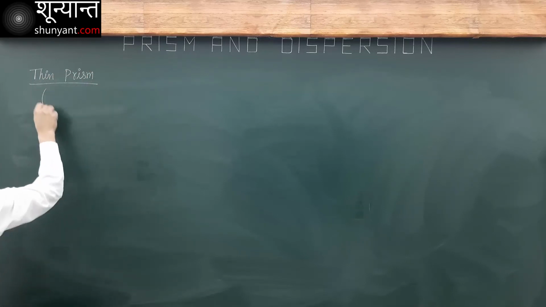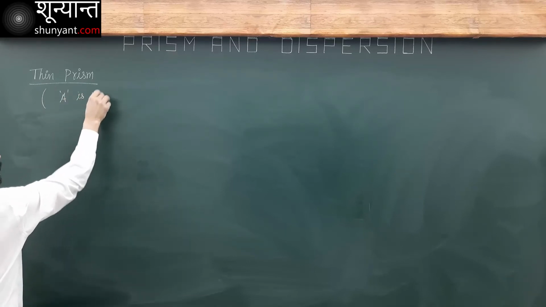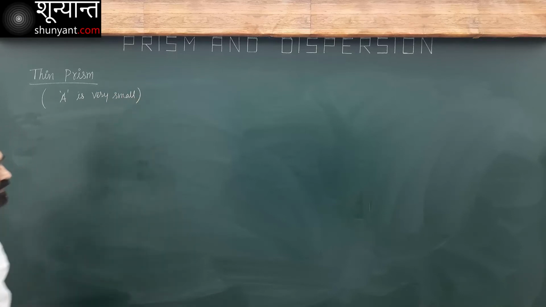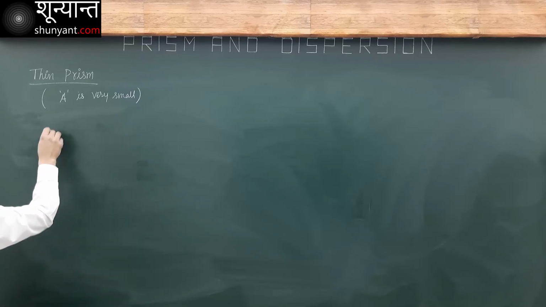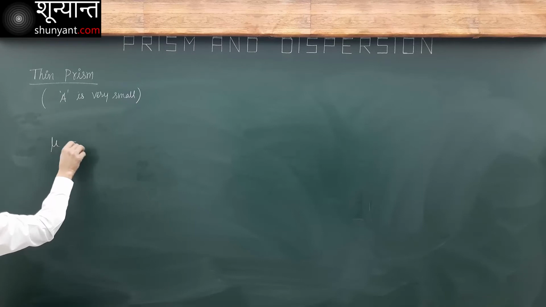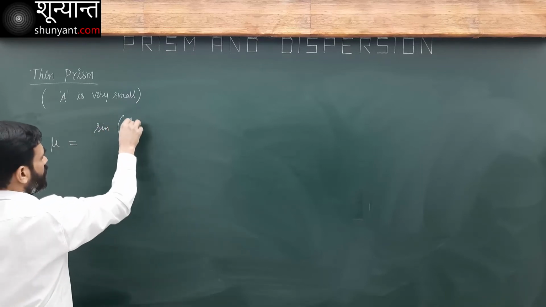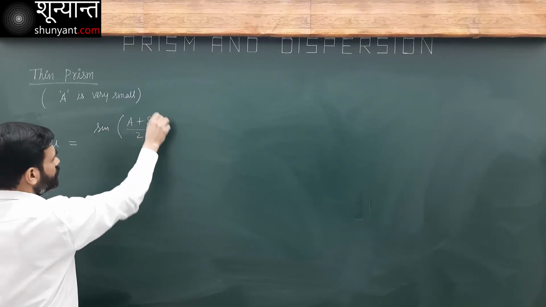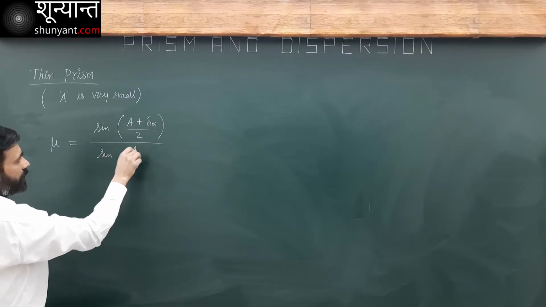Thin prism. A is very small. Now, mu we write as sine of (A plus delta m) over 2, divided by sine of A over 2.